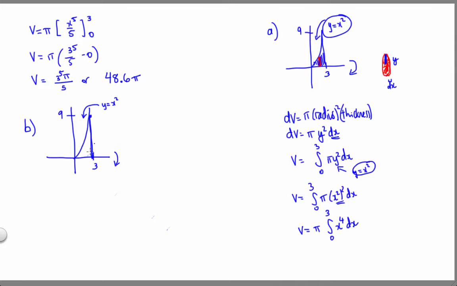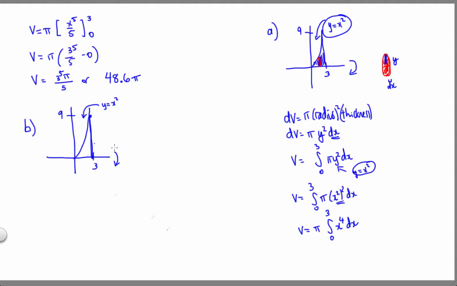So we've still got that region bounded by the parabola y equals x squared, by the x-axis, as well as the vertical line x equals 3. And we're still revolving that area around the x-axis. So we're still creating that same volume as before.